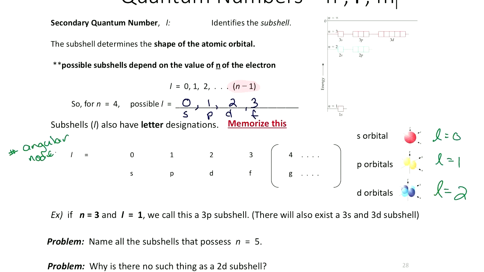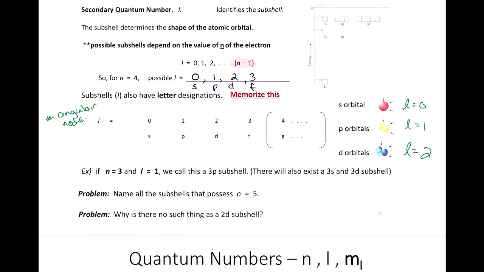Depending on what n level and what shape your electron is in, we can say exactly what subshell that electron is in. So for example, if we had an electron in n equals 3 and its L equaled 1, to locate that electron, we would say that electron is in a 3p orbital, where the 3 tells us the n level, and the p indicates what L quantum number we have.